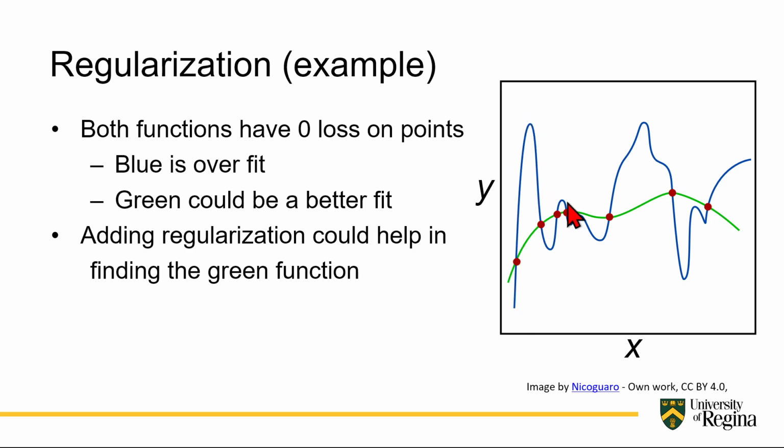The blue function also goes over the points, but it is a complex model. Both of these functions have zero loss on those points, but blue is overfit here, and the green is a better fit. So regularization makes the model choose simpler weights to go for the green function over the blue one.